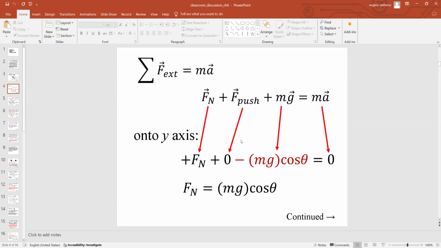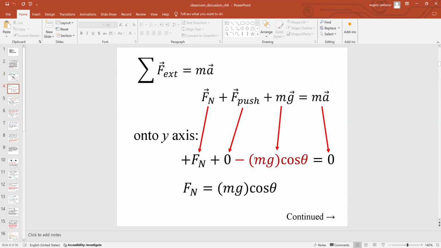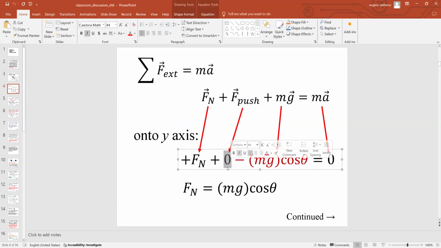And we got normal force in the same direction as the y-axis. So it's positive normal force. We got the push, which is perpendicular to y-axis. So every time something is perpendicular, that component is 0. So positive normal, 0 for the push.